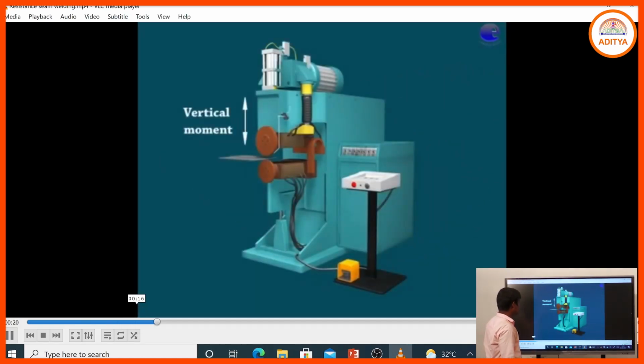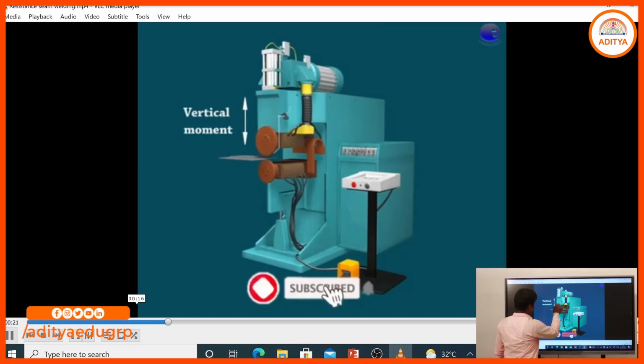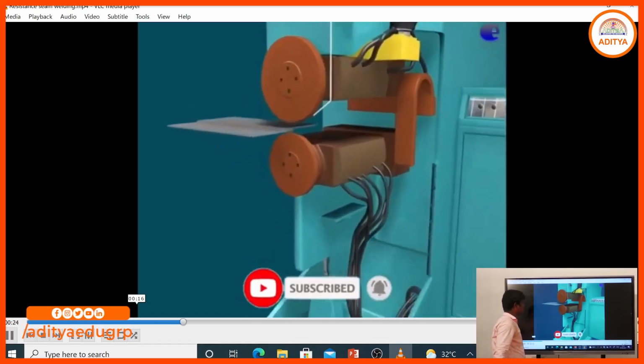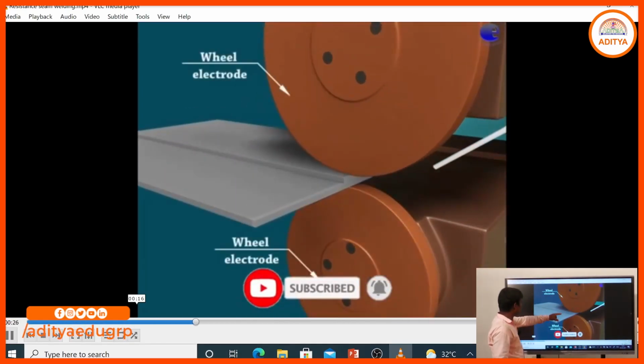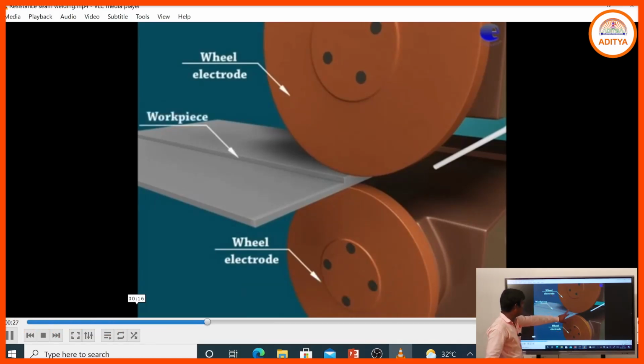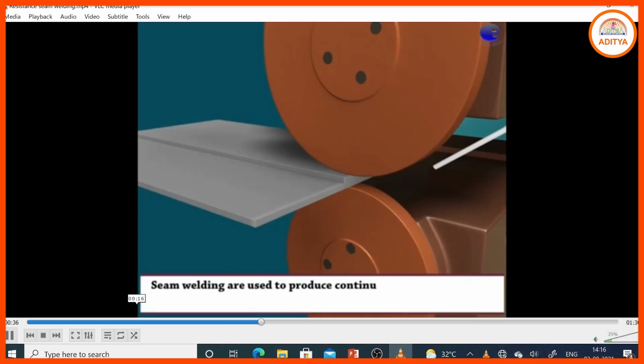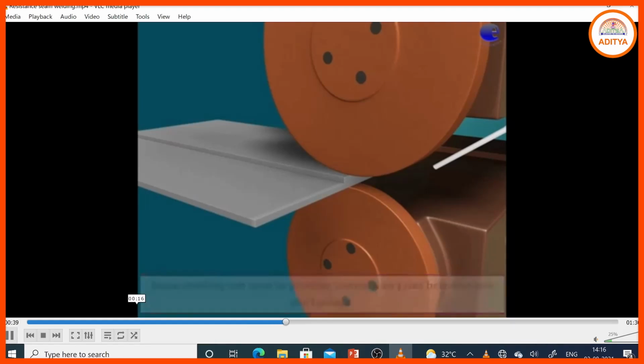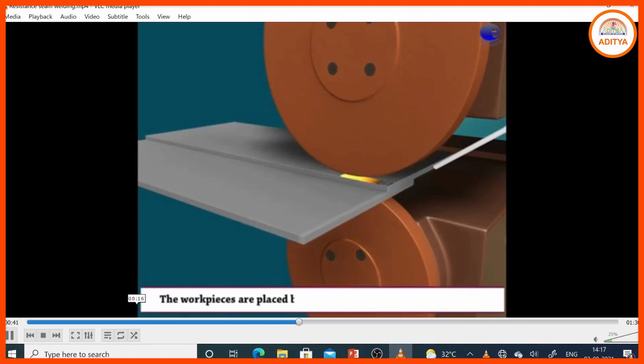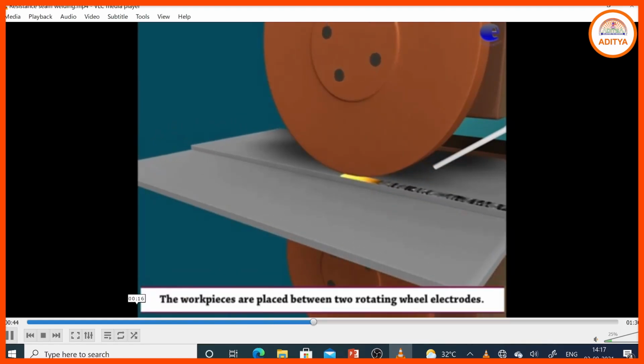Both the plates are kept between the disc type electrodes. That is the water tube. Sometimes we provide water to those electrodes for controlling their temperature.